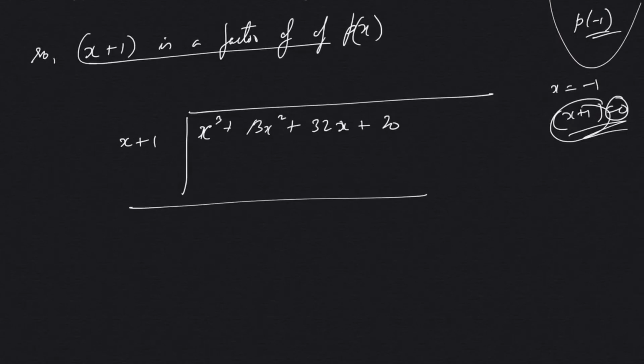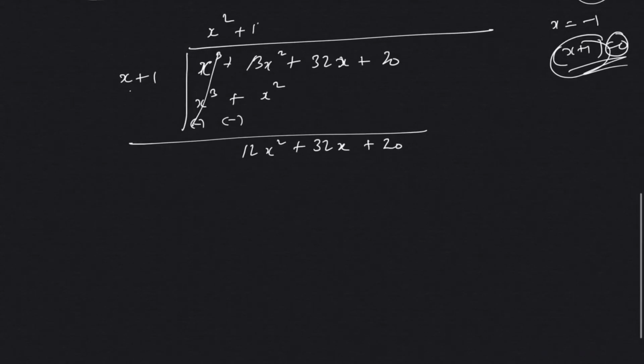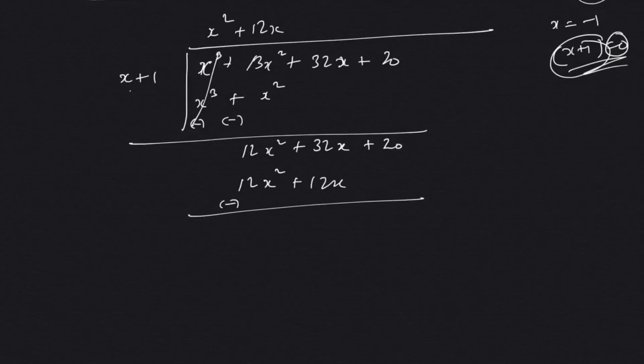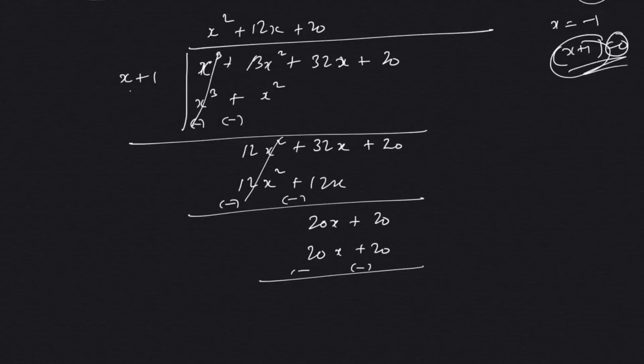So now we divide: x square times x plus 1 gives x cube plus x square, subtracting, we have 12x square plus 32x. I've already done a video on this division, so please go through it if you have any doubts. Then 12x times x plus 1 gives 12x square plus 12x, subtracting, 20x plus 20, and 20 times x plus 1 gives 20x plus 20.